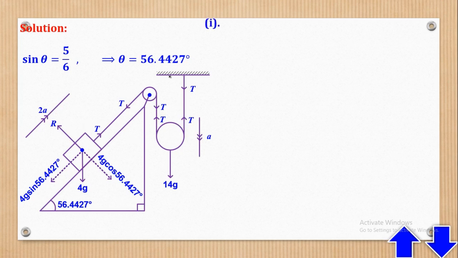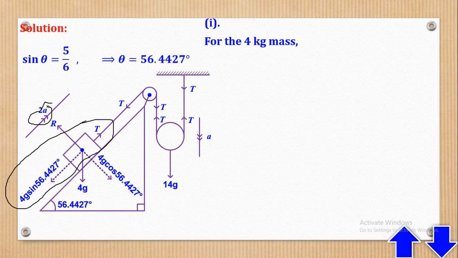So now we shall go to Roman 1. If you missed out, you can go back to the playlist and find those videos. They are already there under pulley systems. So for the 4 kilogram mass, we shall be interested in this and also this.